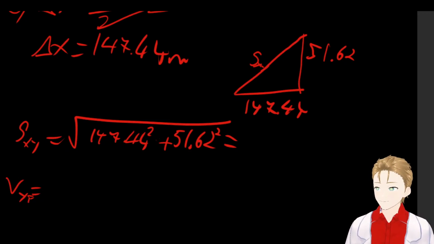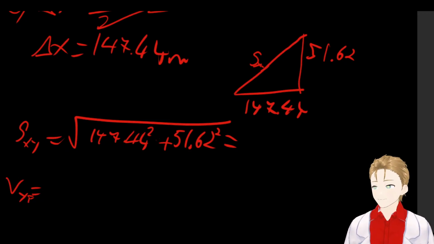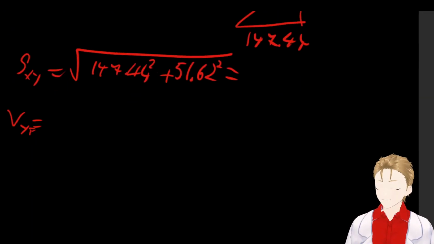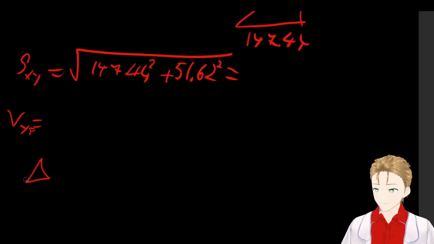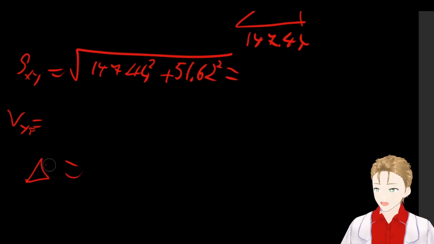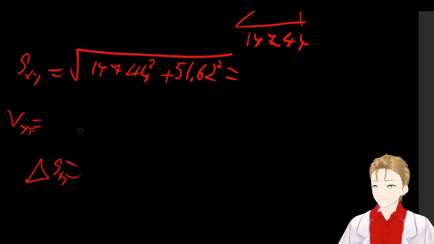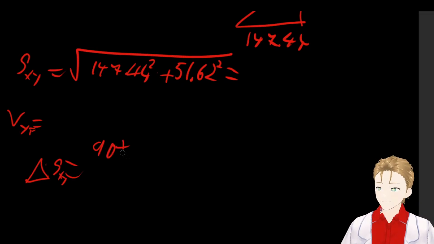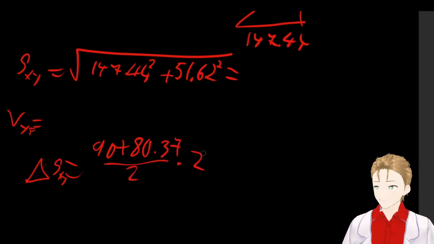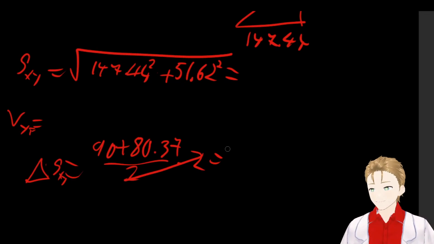Hmm. Wait. I have a different idea. What if I do delta s xy? The initial was 90 plus 80.37 over 2 times 2. How much is this?